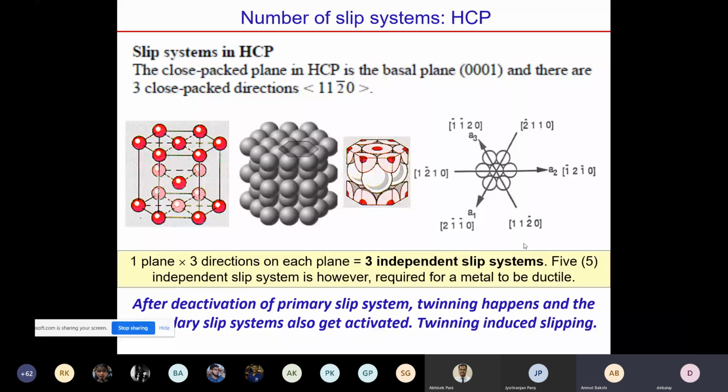Sir, how are there 4? Can you explain, sir, once again? Yes, actually basal contributes to one basal plane, right? The 0001 plane in one unit cell. How many 0001 planes are there in the HCP unit cell? 2 planes. Out of that, how many will we consider as independent? 1, because the 2 are parallel, right?